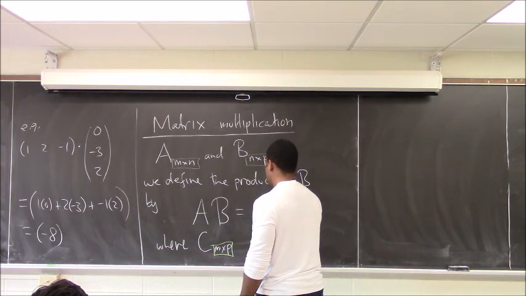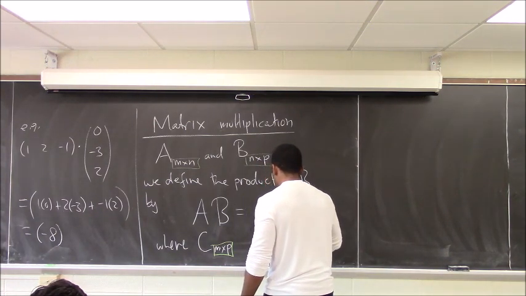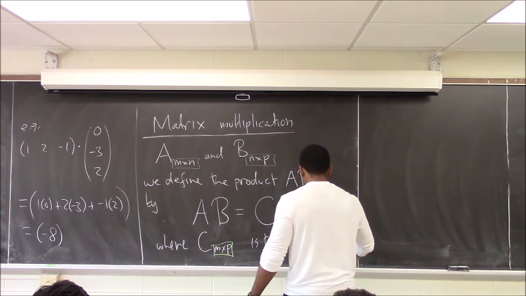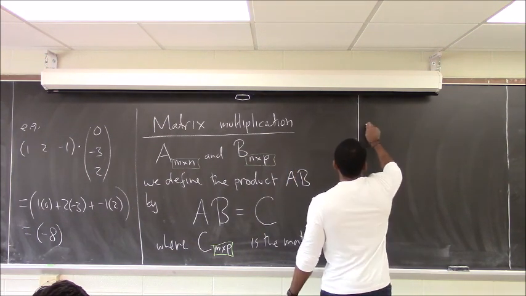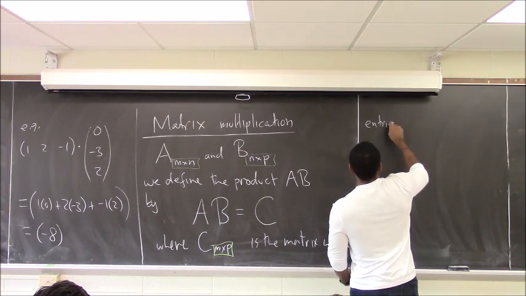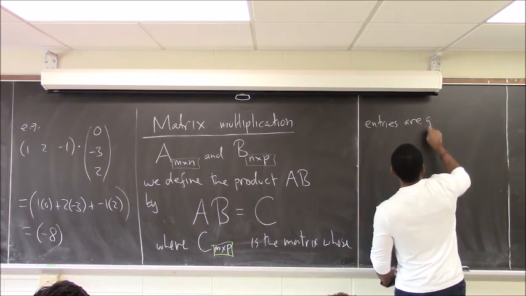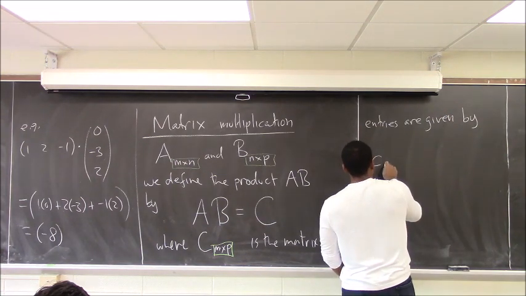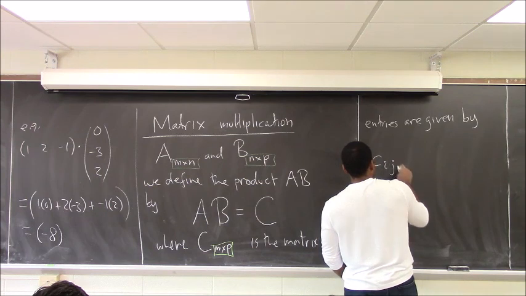Where C, m by p, is the matrix whose entries are given by, so here's the element in C, C_ij.